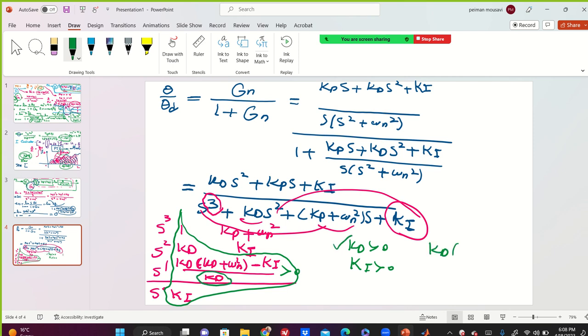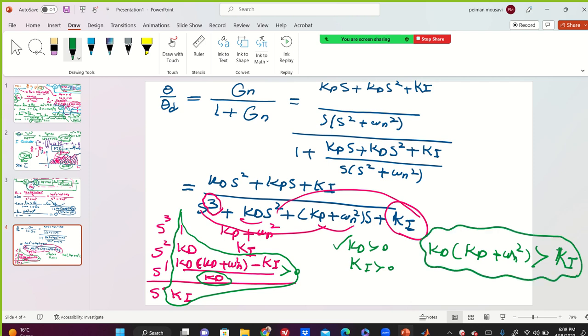So KD times KP plus omega n squared must be greater than KI if you still want to have a stable controlled system. So you cannot terminate this. If you terminate this, even if you give some gains, your system is going to be unstable. See what I'm saying, everybody? Yes?